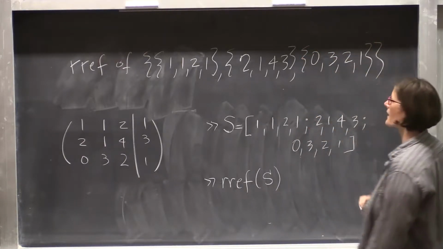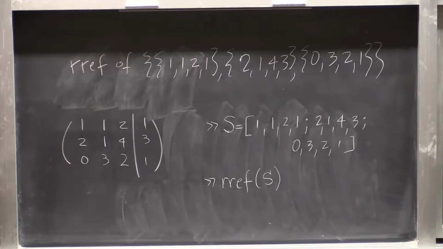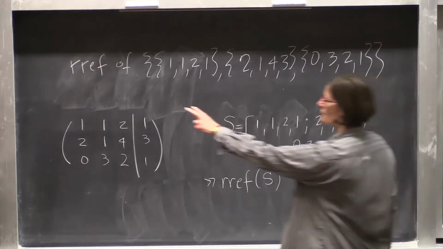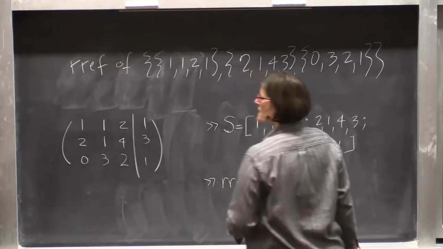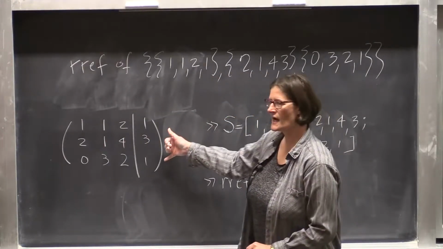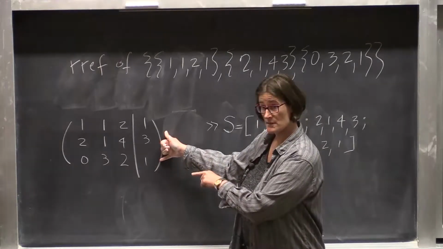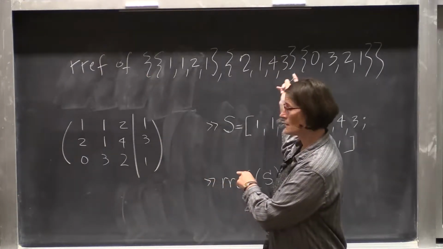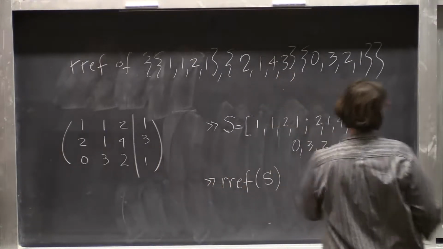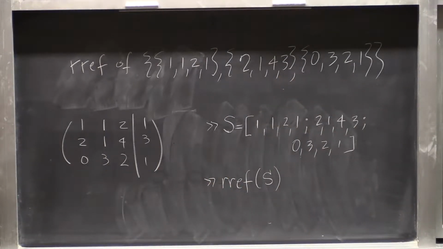If you did this into Wolfram Alpha, the first thing it would do is say, I think you're asking for the reduced row echelon form of this matrix, and you would look at it to make sure you hadn't made any mistakes. The second thing it would do is give you this.